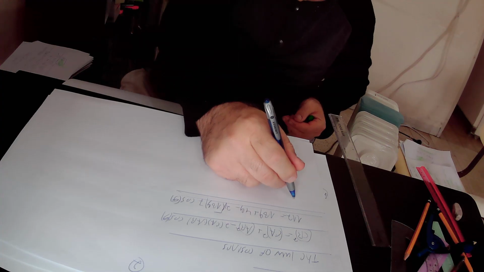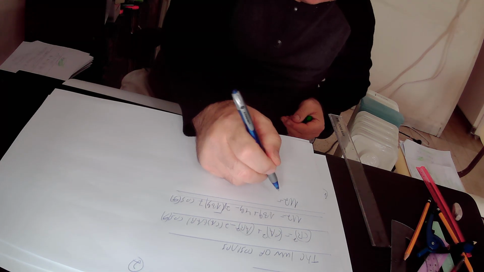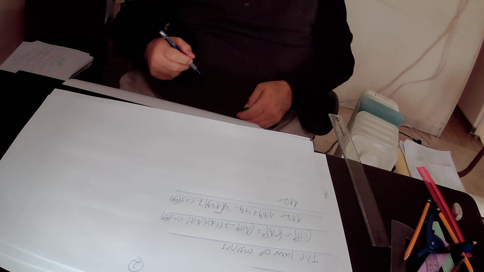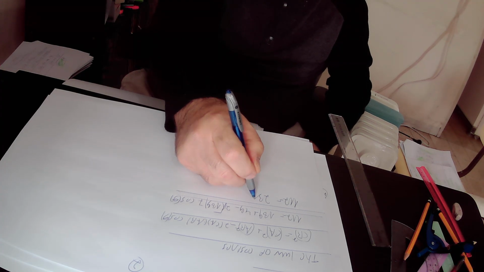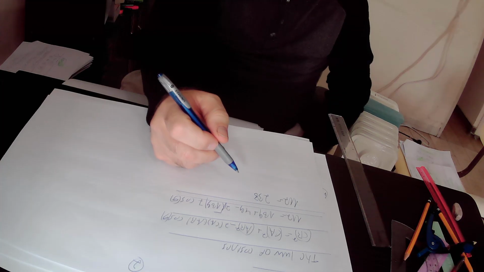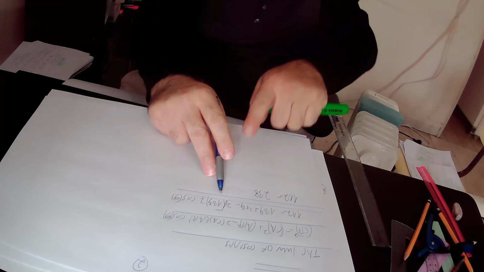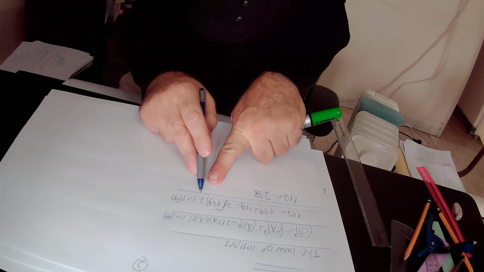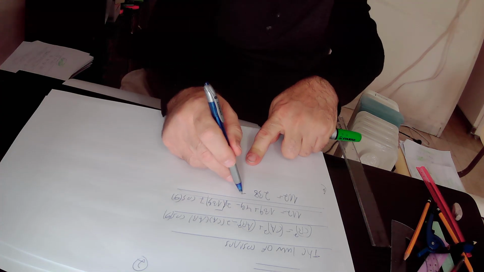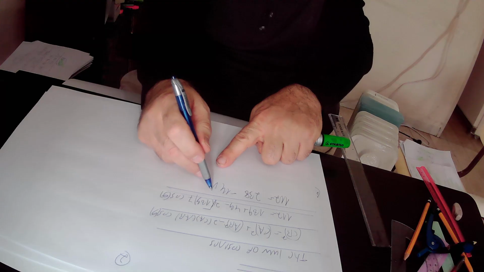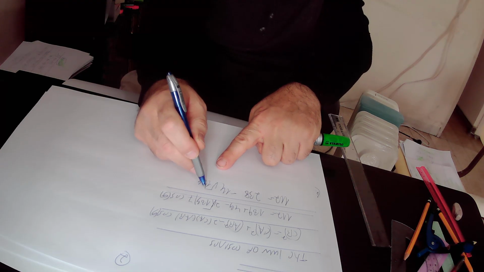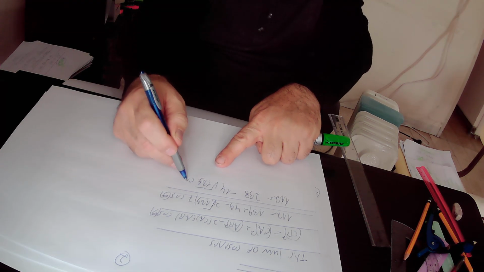So 112 equals 189 plus 49, which is 238. And we have here minus 2 times 7, which is minus 14. So this expression in total equals minus 14 times root of 189 times cosine alpha.